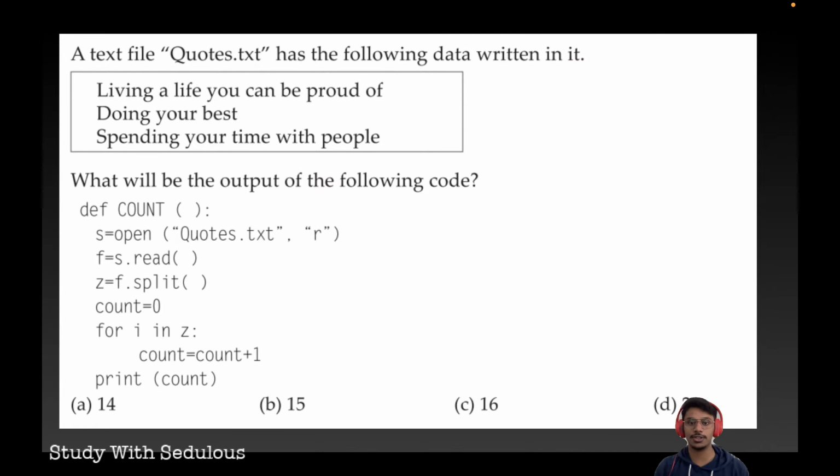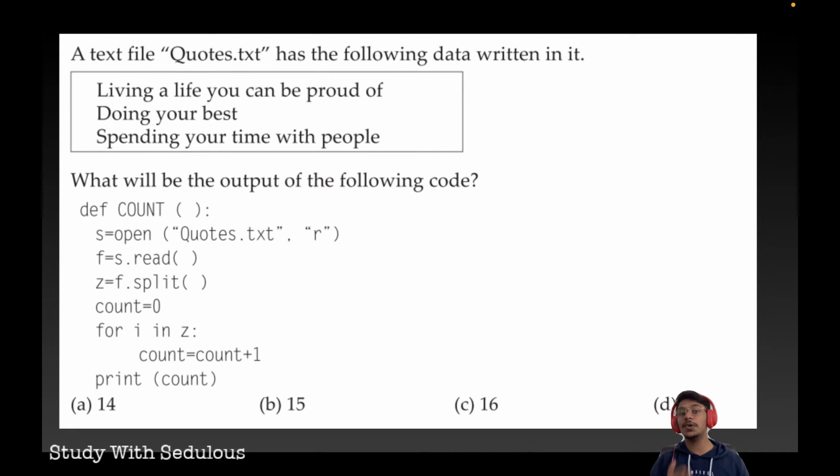First we are assigning the variable s to open this file in read mode, and then we are getting the variable f to read the complete file, then z to split, and the splitting is by the default space. In this, living is an element of the list.